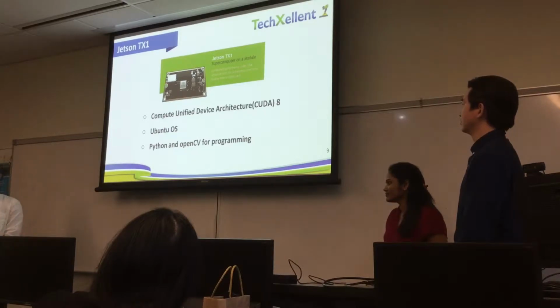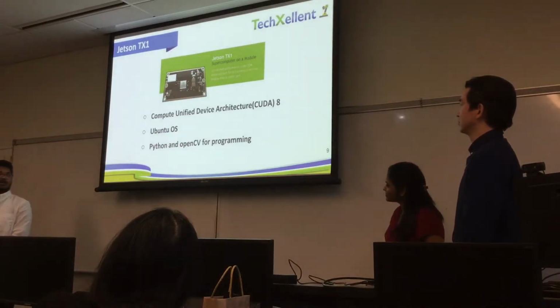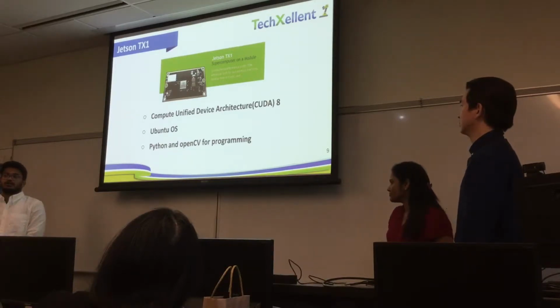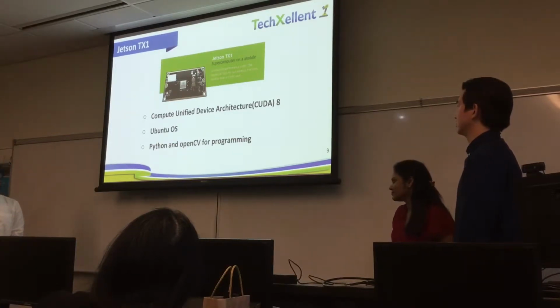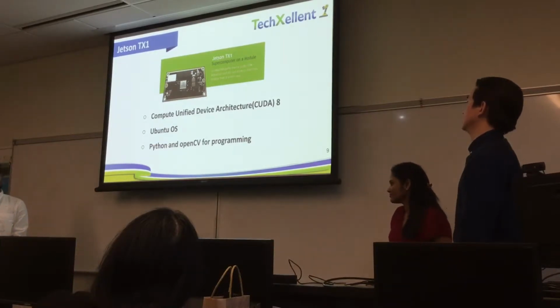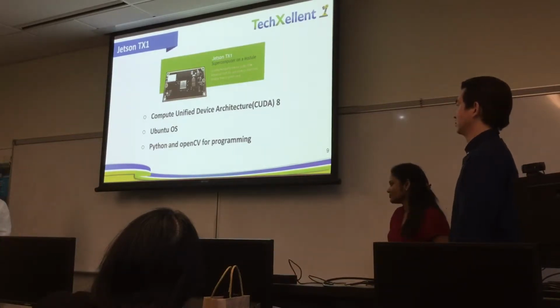NVIDIA supports CUDA, the Compute Unified Device Architecture, which helps the programmer write code on it and use the code anywhere. Using CUDA 8, they can use massive parallel programming, which improves performance.